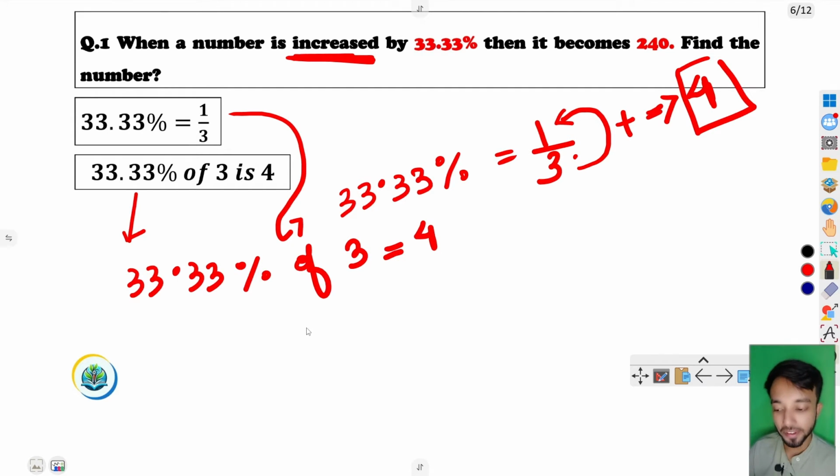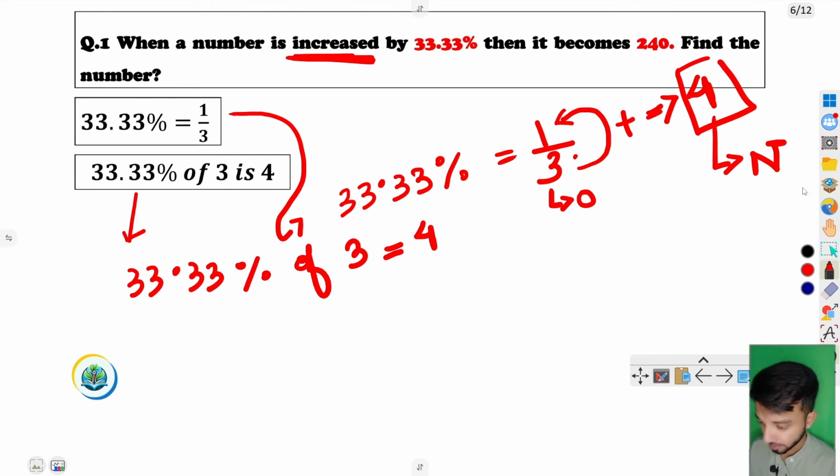Now, the interesting thing that you need to remember is this number is your original number. This number is your new number. I know you're confused, but this confusion will go away. Just see whatever I'm doing.